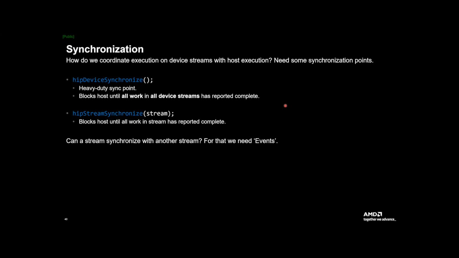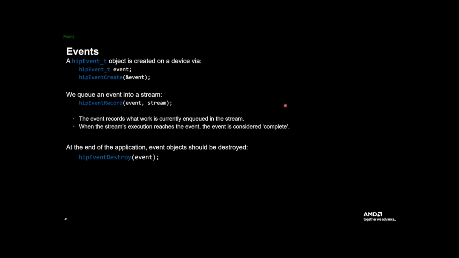Can a stream synchronize with another stream? For that, we need events, and yes, this can happen. Now, we declare an event like that, create it with hipEventCreate, and queue an event in the stream. So an event is like recording that something happened.